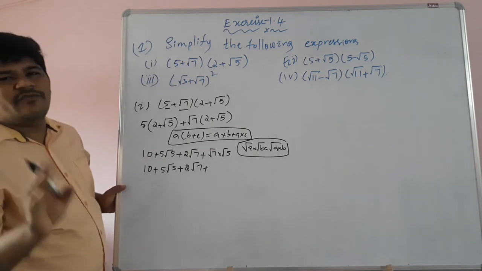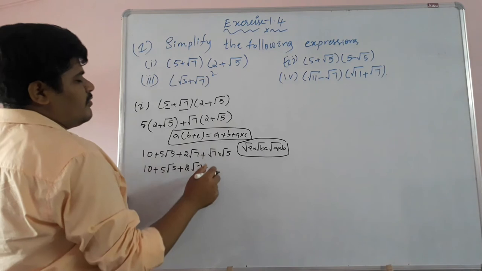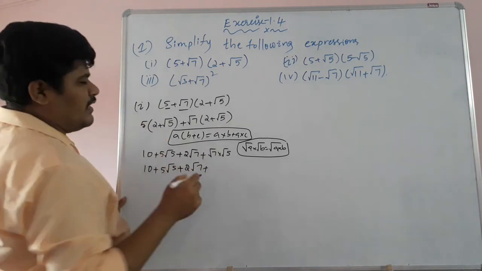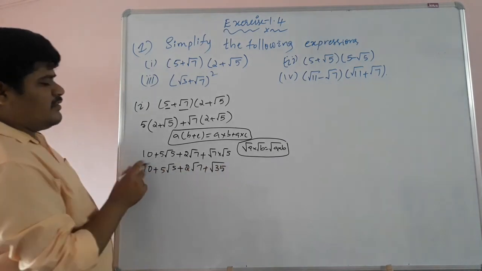Students, we have a formula: root of a into root of b is equal to root of ab. So you can write 10 + 5 root 5 + 2 root 7 + root 7 into root 5, which is root of 7 into 5. 7 fives are 35, so this is root 35. So students, this is the answer.